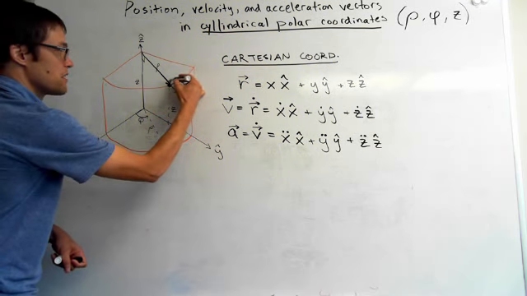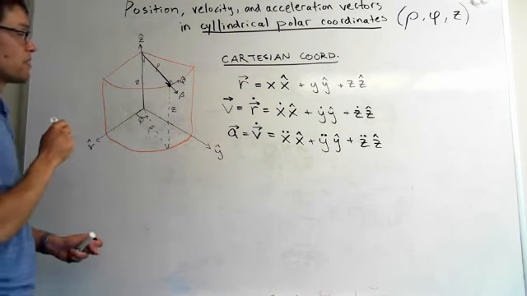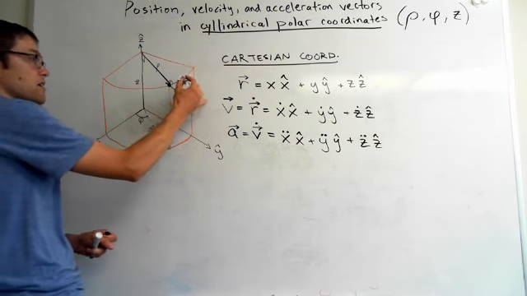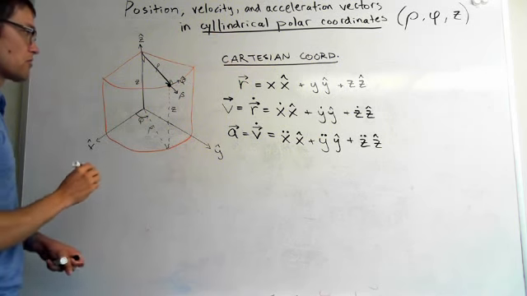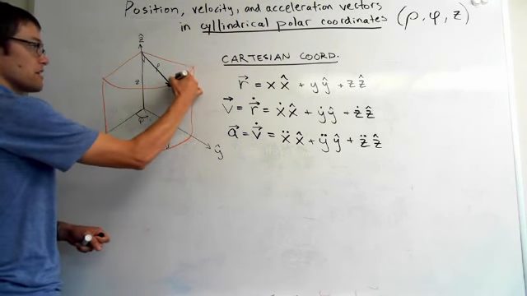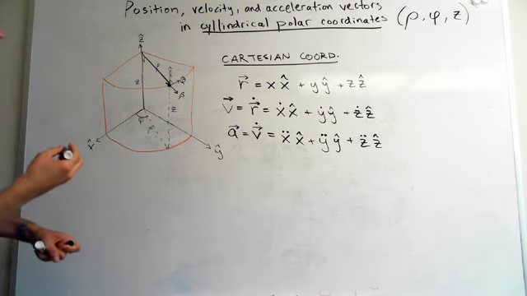It's perpendicular to that line, that vector that I've drawn from the z-axis to the point, and it's tangent to this outer edge of this cylindrical piece that I've drawn. And then finally the z-hat direction is still just straight up as usual.